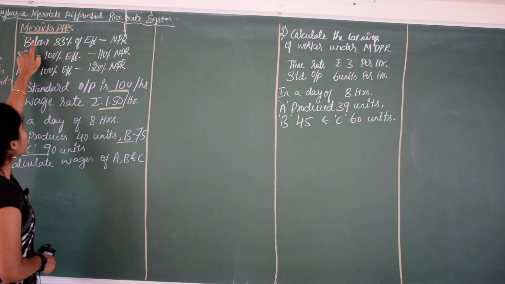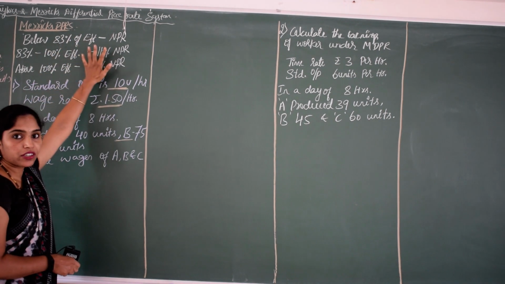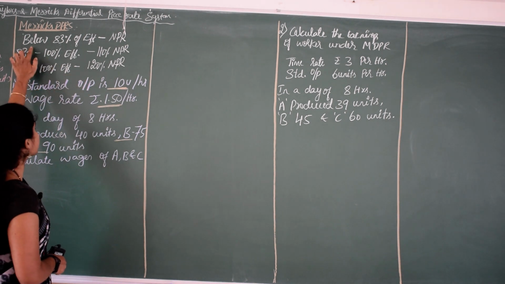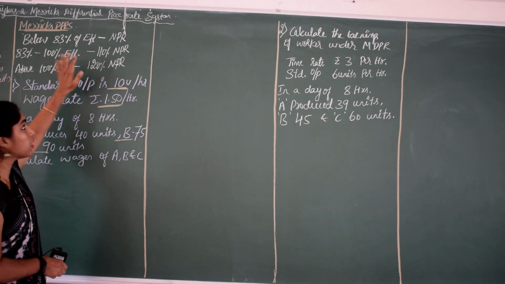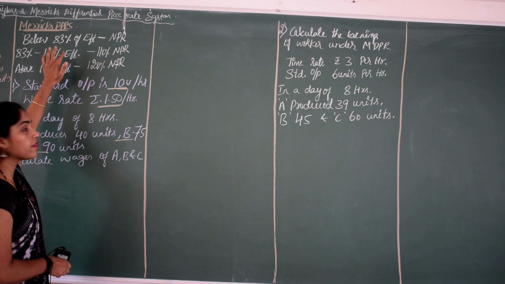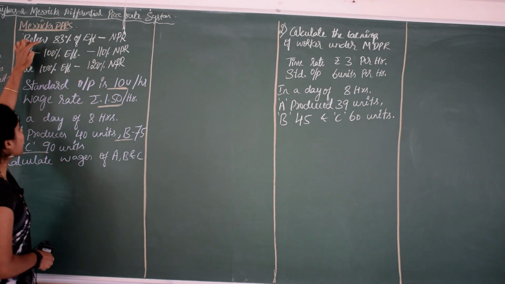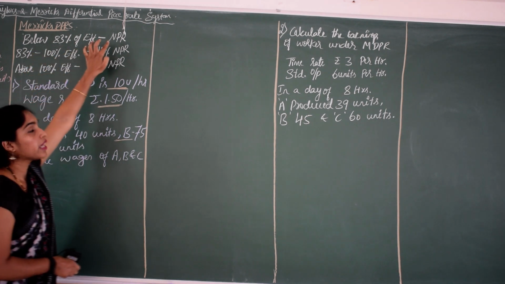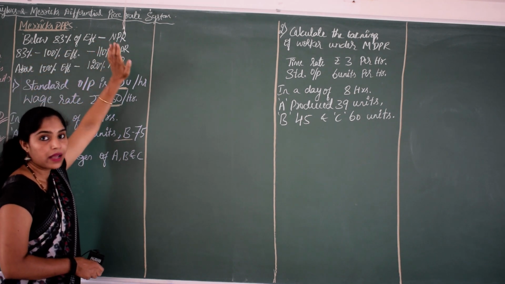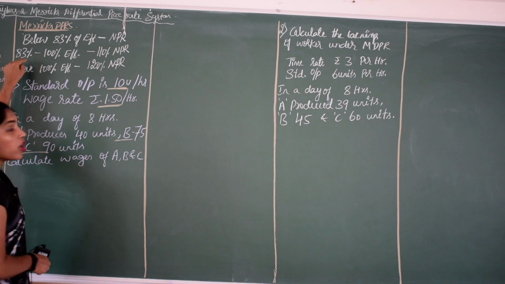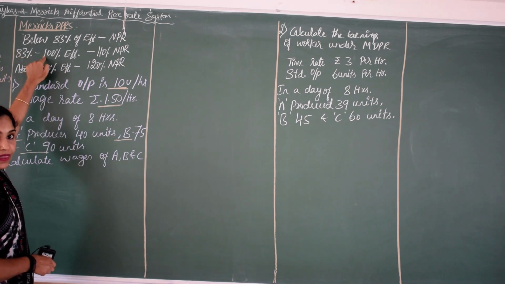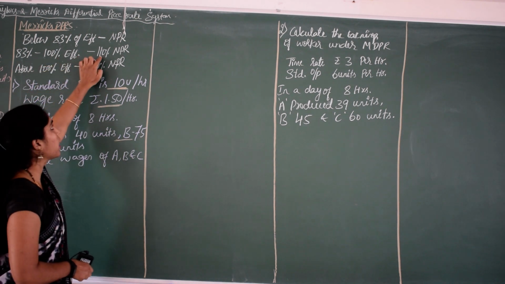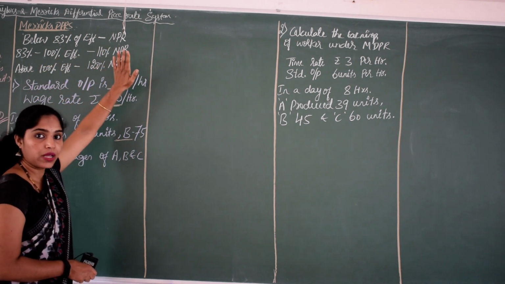According to merit differential piece rate system, there are three criteria. One is below 83% efficiency. If the worker's efficiency is below 83%, he is going to get the normal piece rate. If the employee's efficiency is more than 83% but less than 100%, he is going to get 110% of the normal piece rate.